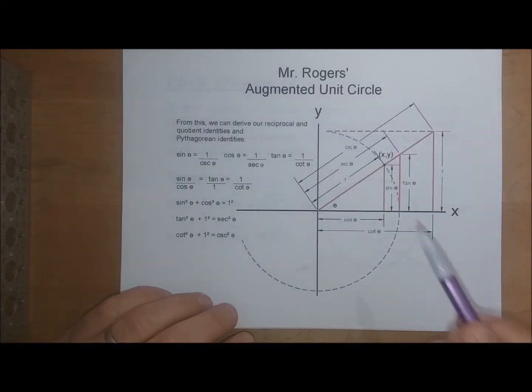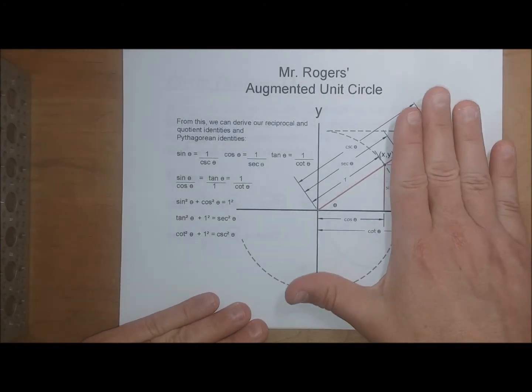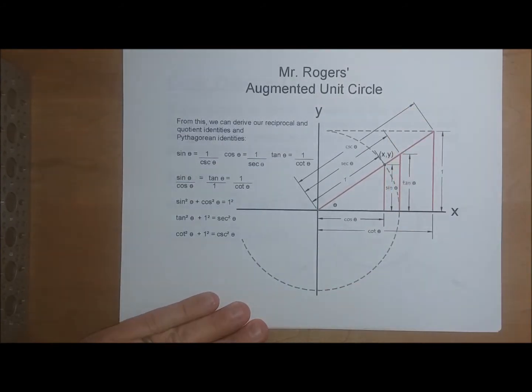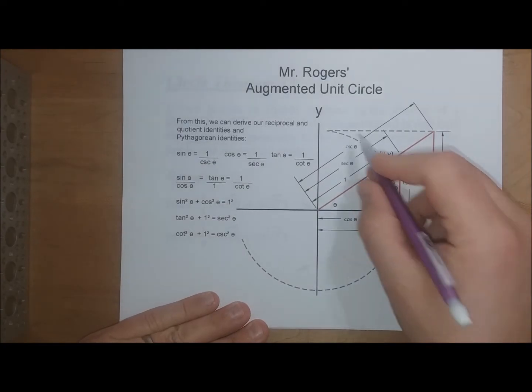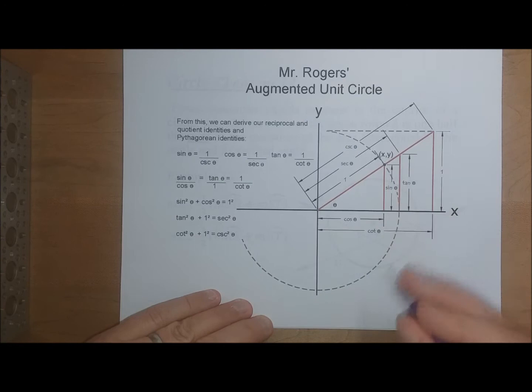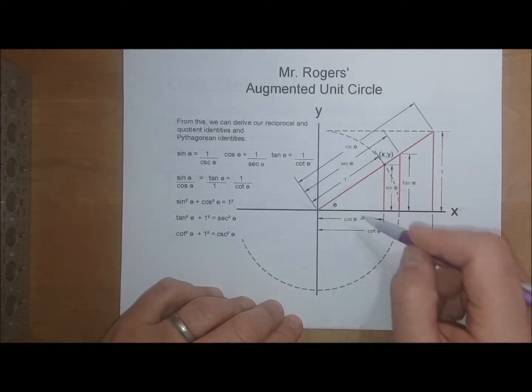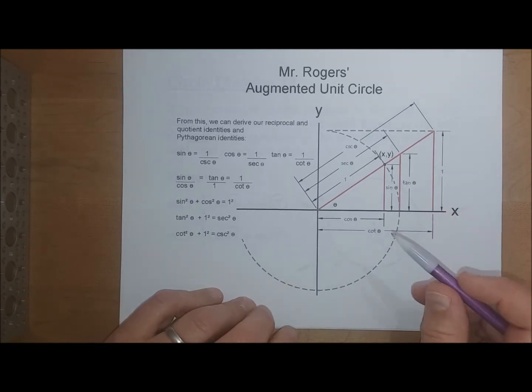All right, back to Mr. Rogers' augmented unit circle. When you get into Algebra 2 and Pre-Calc, you're going to see a unit circle that looks like this. You plot a point somewhere on a circle that has a radius of 1, and these points X and Y will help you figure out these different relationships on the unit circle.